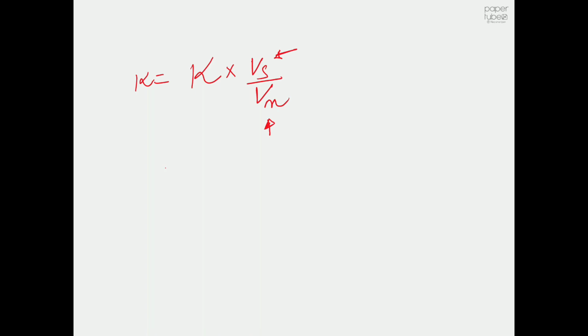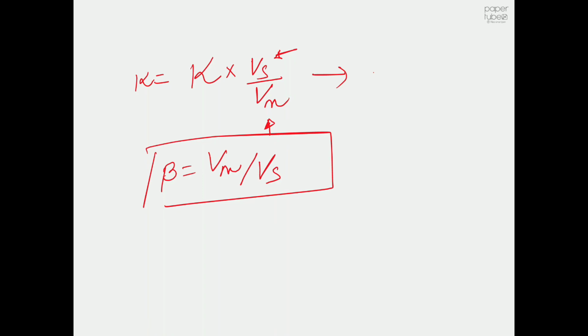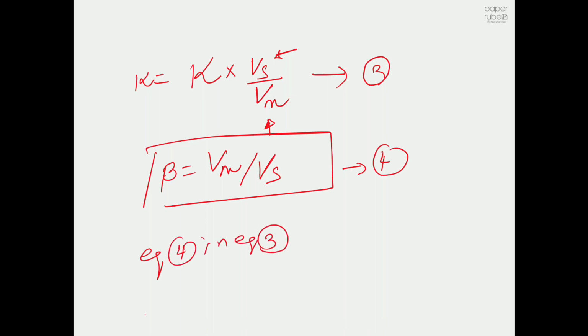Some people give this a notation, let's say beta is equal to Vm by Vs. Let's call this equation 3, and this equation 4. If we substitute equation 4 in equation 3, we get k equal to capital K divided by beta.